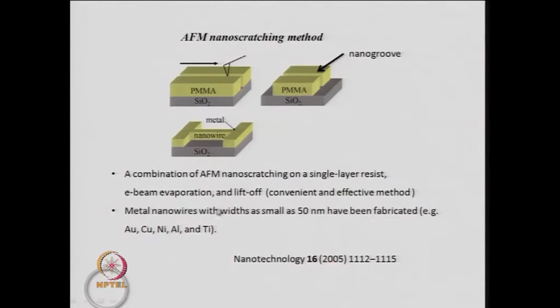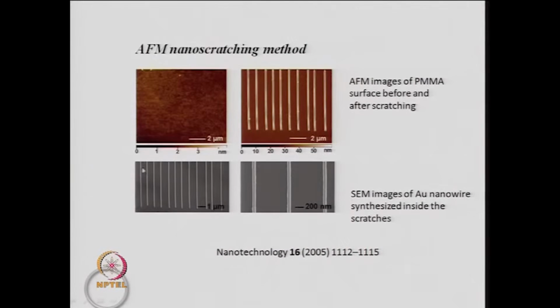So, using this technique, many metal nanowires with thickness as small as 50 nanometers have been fabricated of many kinds of metals. This is one example.